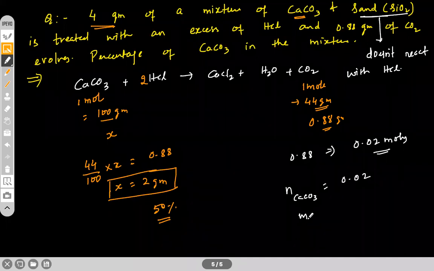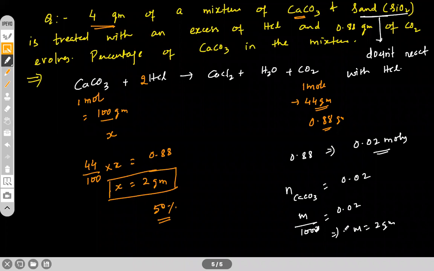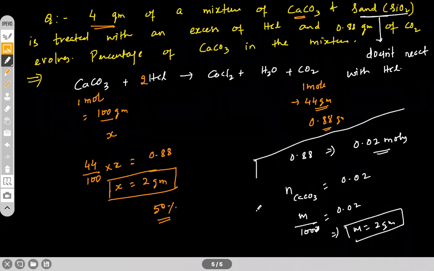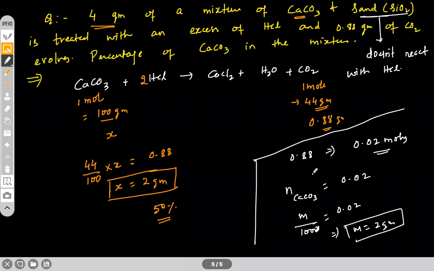This is mass divided by 100, the molecular mass of CaCO3. So that would be 0.02. Again, you see the mass that we are getting here is 2 gram. Both ways we can do. Either you can do it by this method, or alternatively by the other method. Is it clear? No doubt.